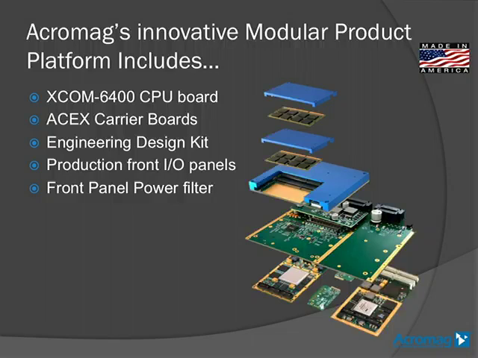An engineering design kit that's actually a piece of hardware, a separate board. And also production front I/O panels and a front panel power filter, because the carriers are offered in a 10 to 36 volt capability, and not everybody may have clean enough power for that, so we've offered an option to take care of that for you.